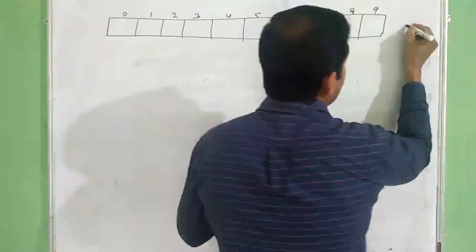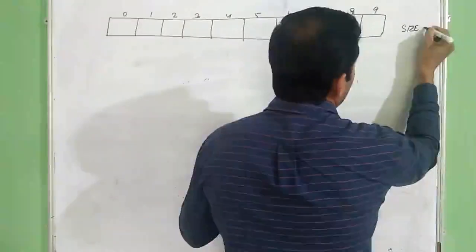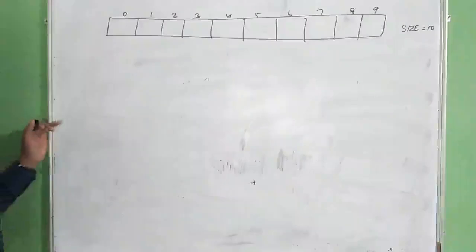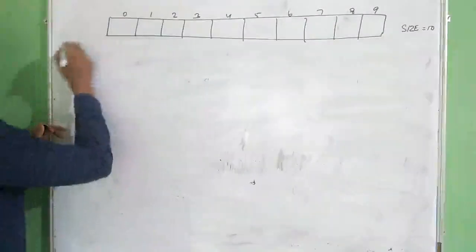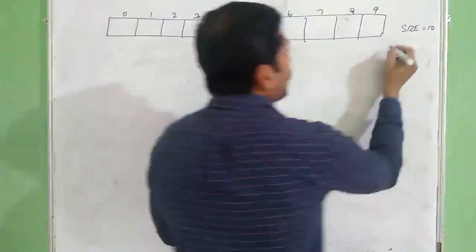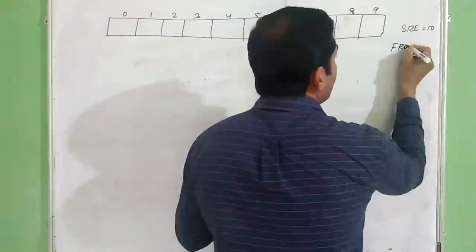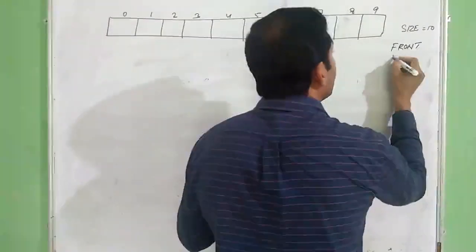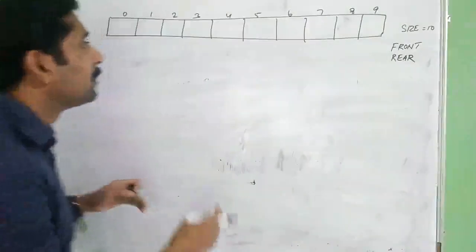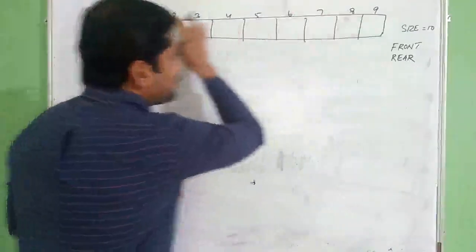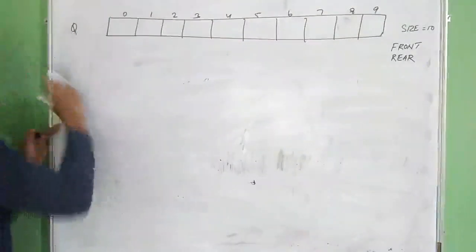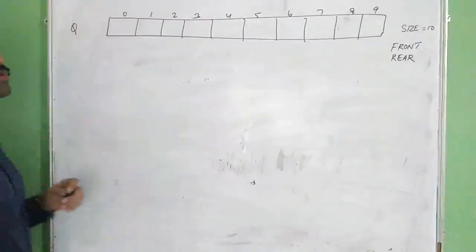So here the size is 10. Two ends are there, front end and rear end, and this array is named Q. Let Q be the array.